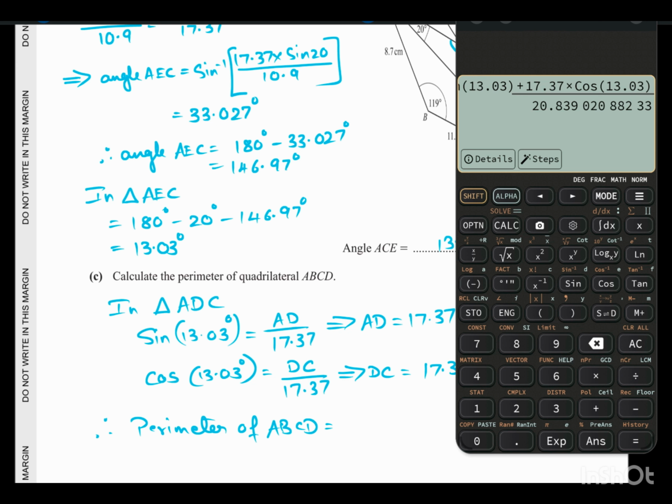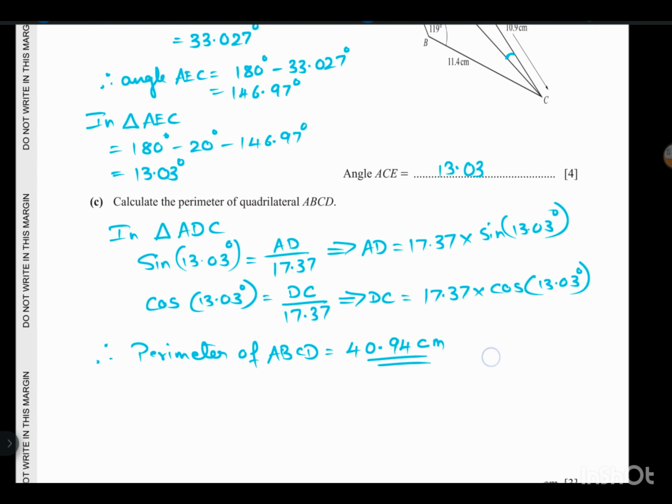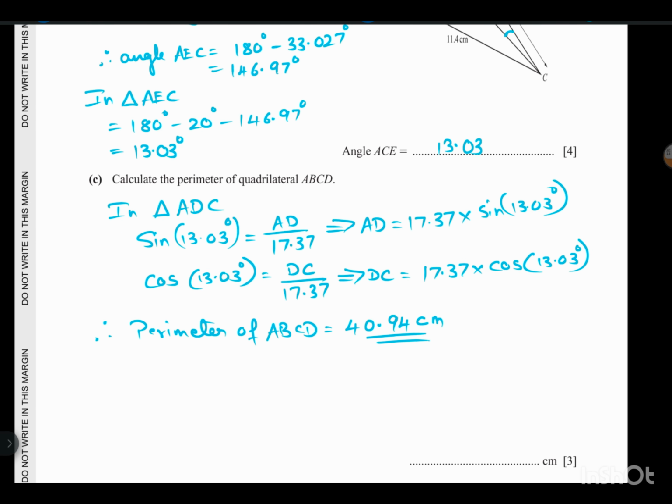Then add the remaining values, 8.7 plus 11.4. So we get 40.939. So it is 40.94 centimeters. This is the value for the perimeter they have asked. So 40.94 is the answer.